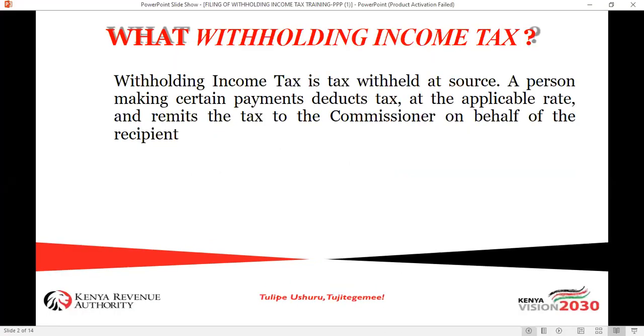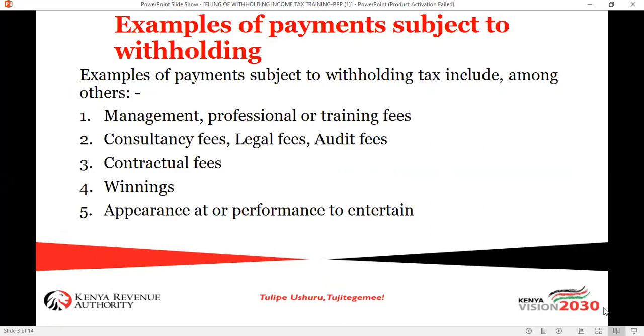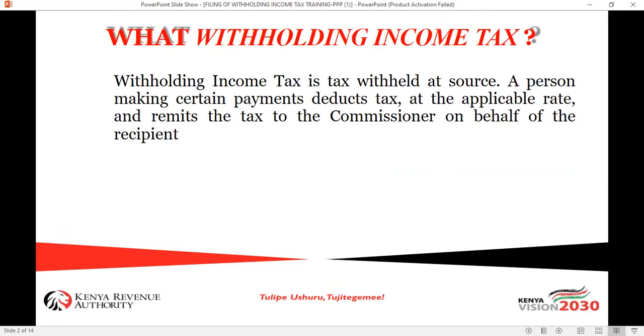So we are going to look at withholding income and also withholding VAT. Those are the two things that we are going to look at.